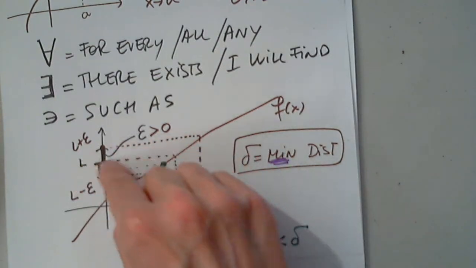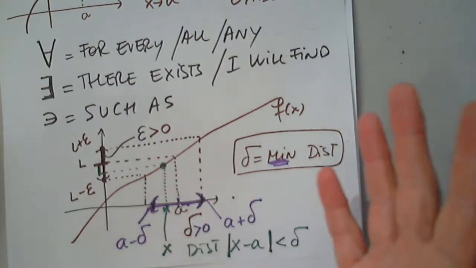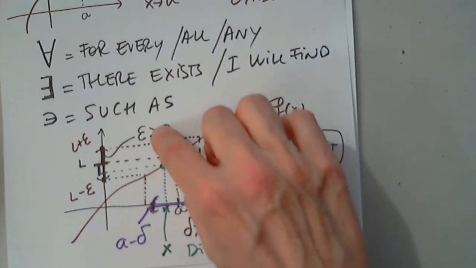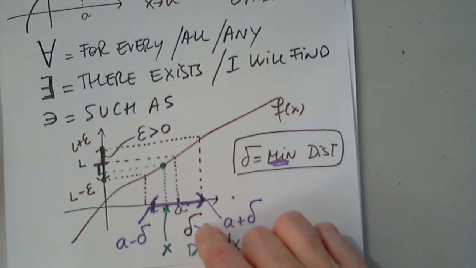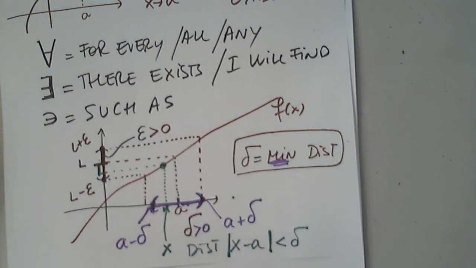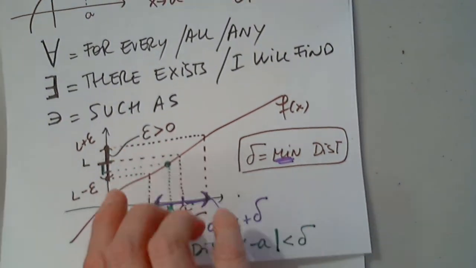So this mechanism repeats itself indefinitely. Delta depends on epsilon. Delta can always be found if the limit exists. Okay, so now let's put this in writing. See how we write this.